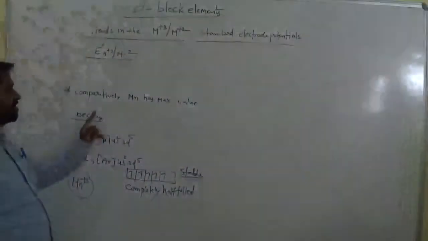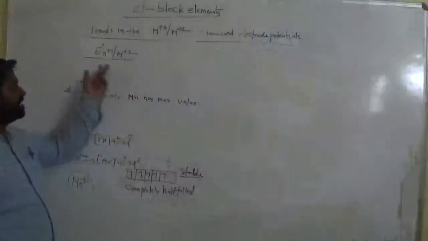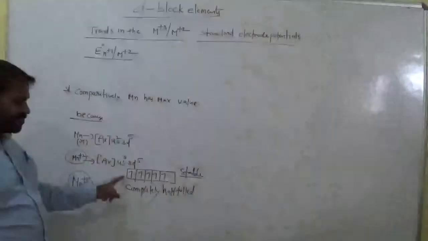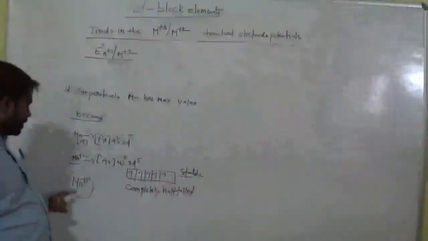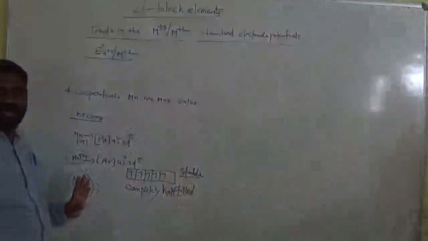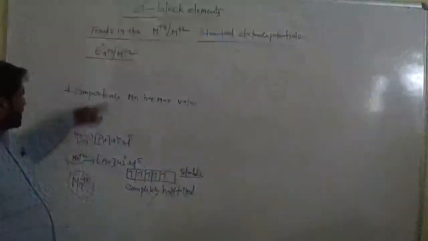For an oxidizing agent, what are the standard electrode potential values? Comparatively, manganese has the maximum value in this state, Mn+3. Mn+2 is already stable. If you want to remove an electron, it becomes Mn+3, but it is difficult to remove the electron from a stable state. Am I right? Clear? So up to this one, it is a stable condition, that is Mn+2.